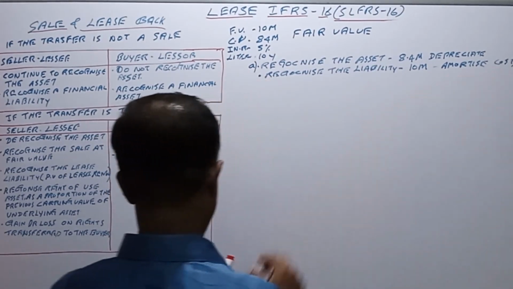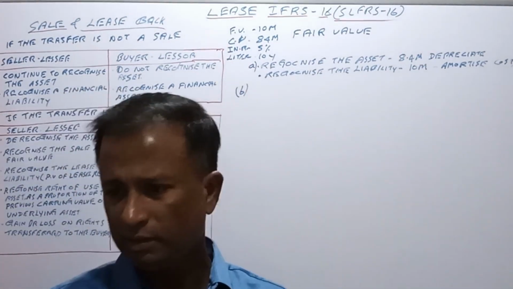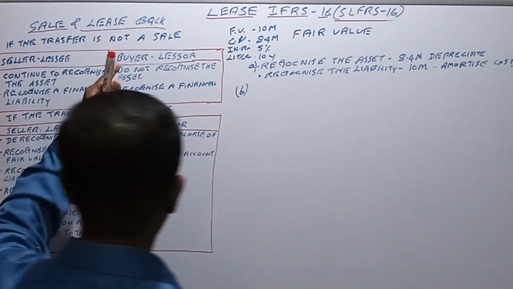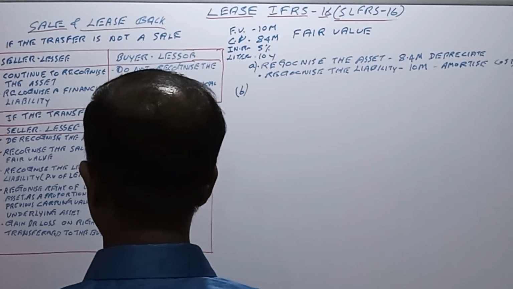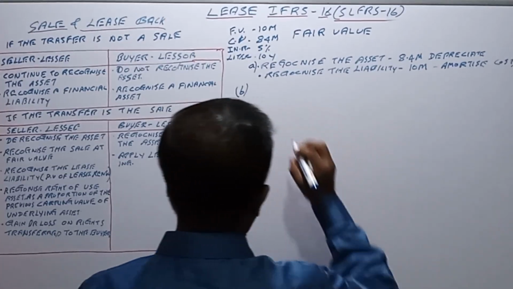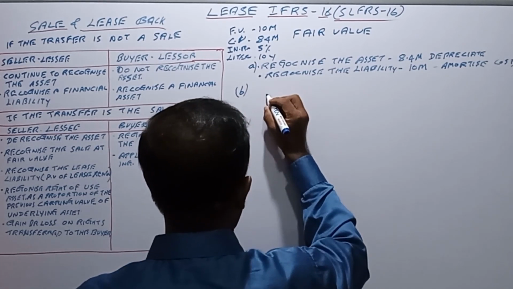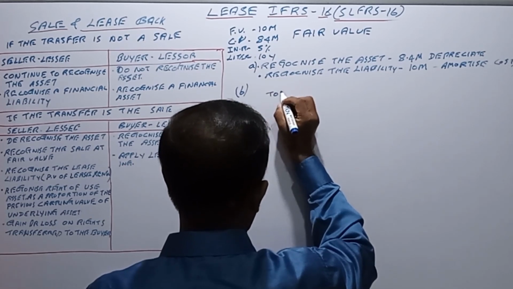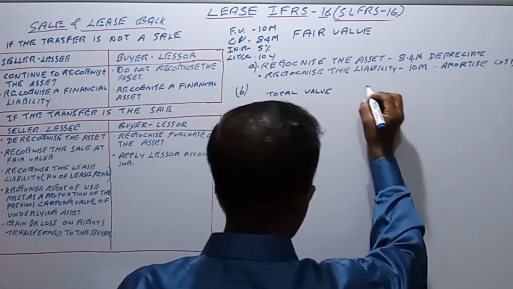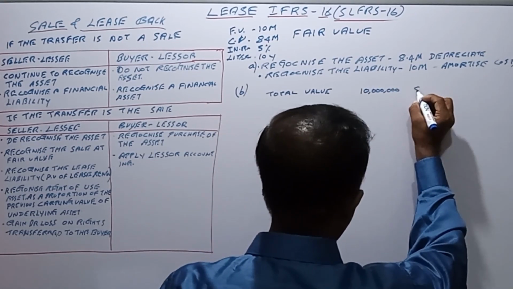Second one is B, the performance obligations are satisfied; that is normal. In B, we are going to see total value: one is 10 million, the other one is 8.4 million.